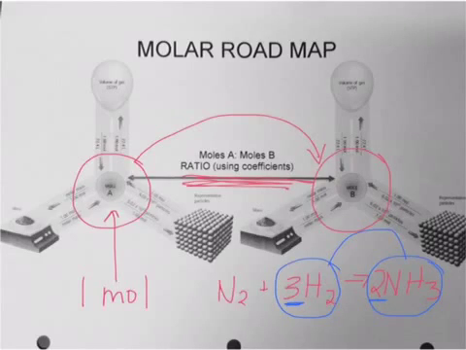And so if we were going here, it would be 3 moles of hydrogen going to 2 moles of ammonia. You'll notice that neither one of those numbers is a 1.